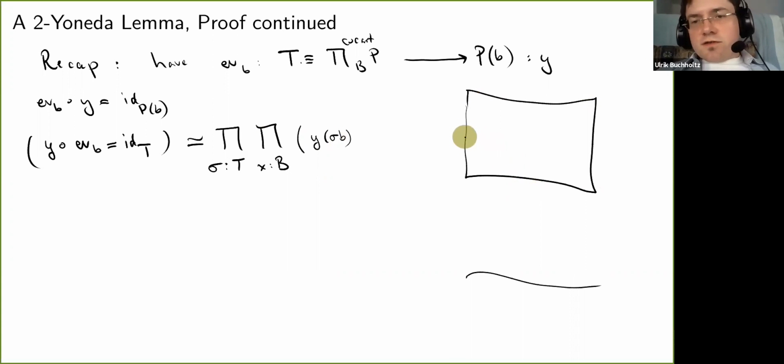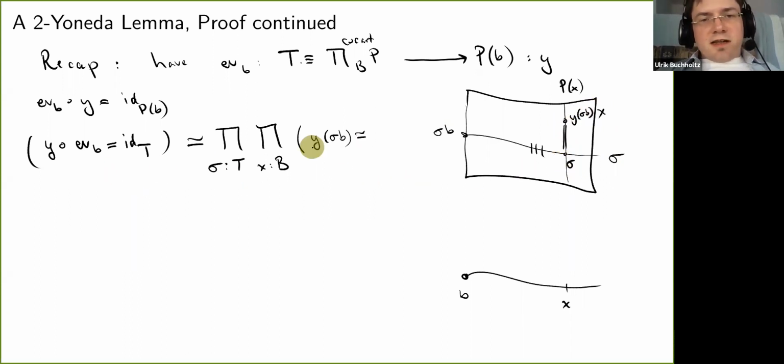So we have a co-Cartesian section sigma. Here's our initial object B. Here's sigma at B. And I want an isomorphism in P of X from Yoneda of sigma B applied to X, so that is a path, to sigma of X, which is the identity evaluation.